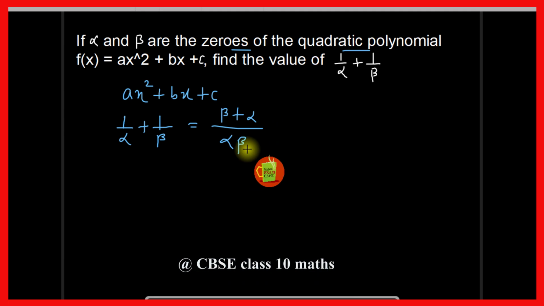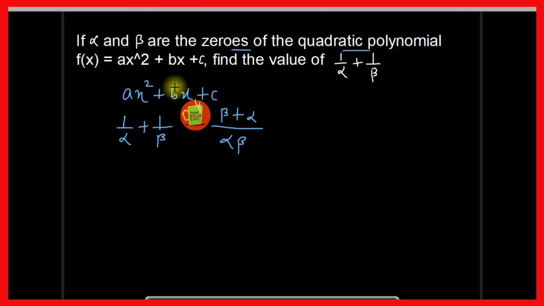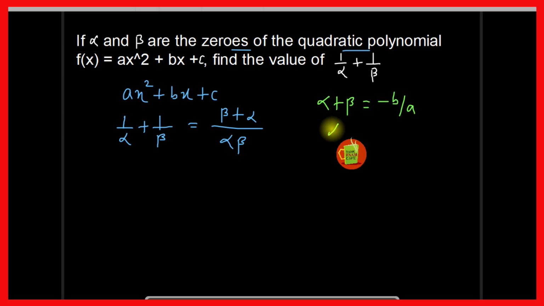So this is the sum of the roots, this is the product of the roots, and from this quadratic polynomial we will find the sum of the roots, alpha plus beta, that is equal to minus b upon a, and alpha beta is equal to c upon a.